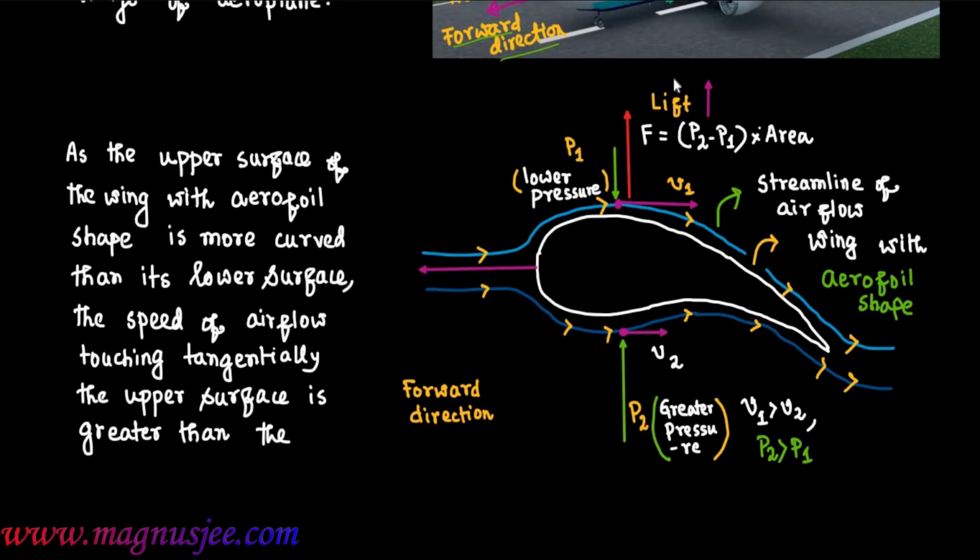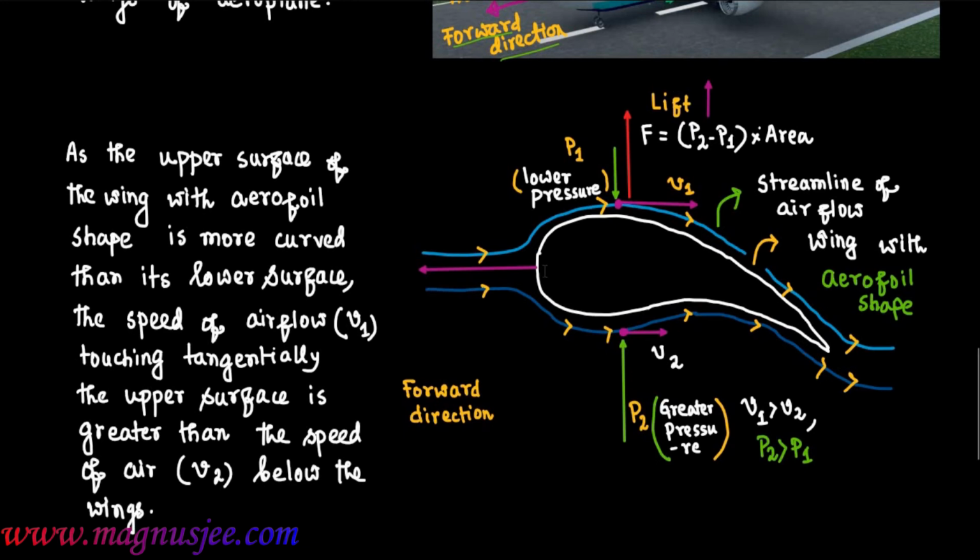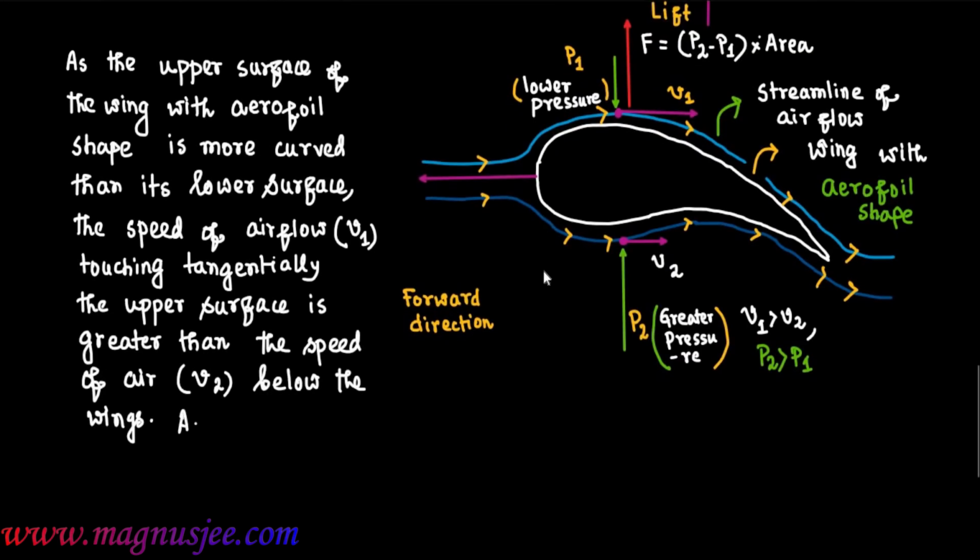The speed of airflow touching tangentially the upper surface, v1, is greater than the speed of airflow, that is v2, below the wings.